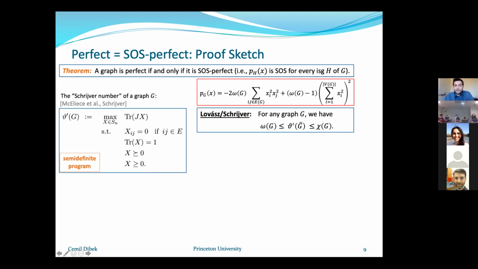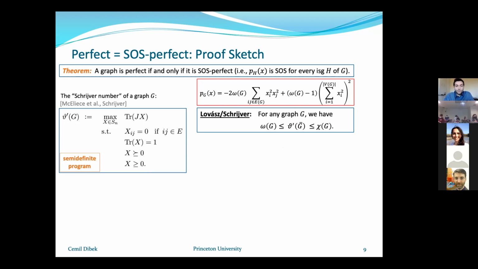In general, finding the clique number is NP hard, but for perfect graphs, we can find it by solving this semi-definite program. And remarkably, this is the only known way to find the clique number of a perfect graph. It's a huge open problem to come up with a combinatorial algorithm to find the clique number of a perfect graph without using this semi-definite program. Okay, so this was just a quick note.